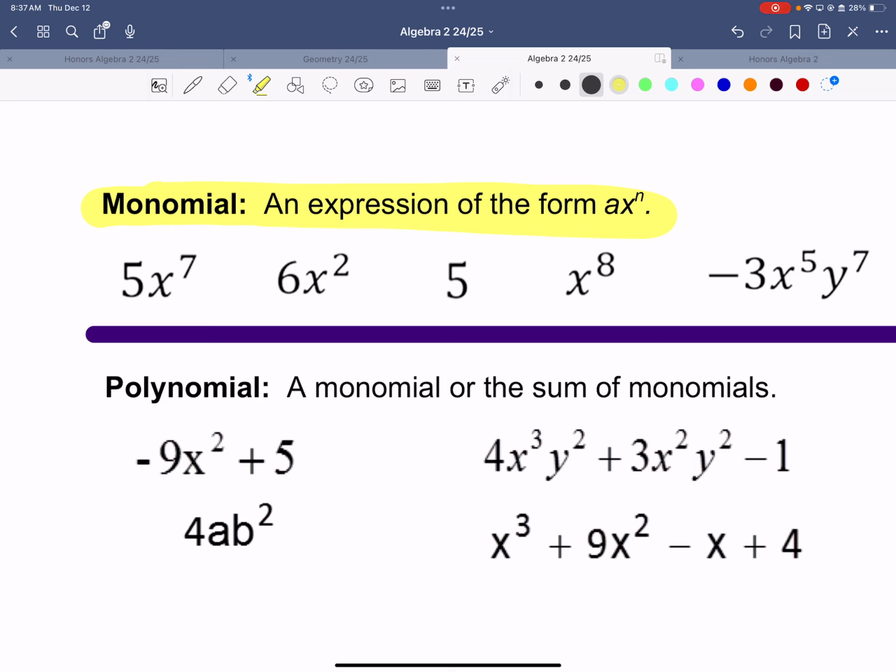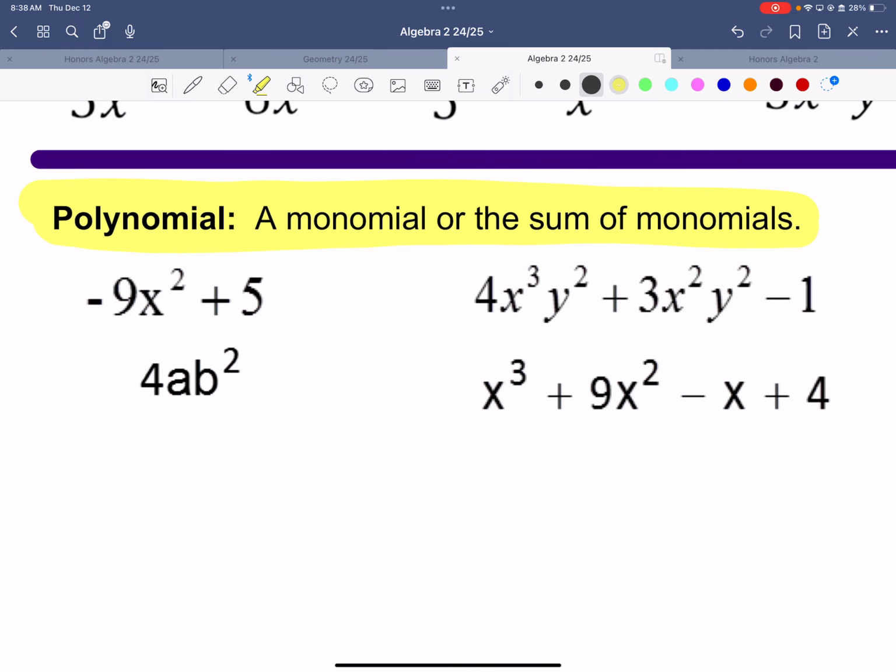Monomial is one term. What we're concentrating on in this chapter is the polynomial. A polynomial is a monomial or the sum or difference of monomials. Each of the individual pieces in a polynomial is a monomial. Negative 9x squared is a monomial, one term. Technically it's a polynomial too, but we just call it a monomial if it's one term.